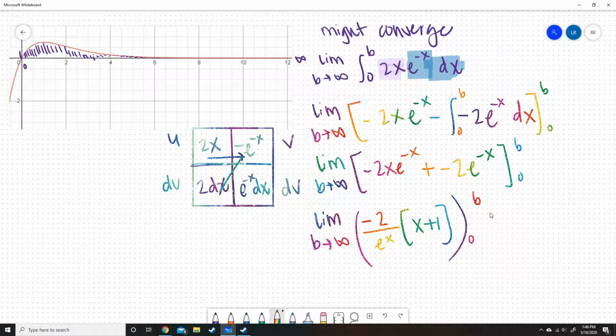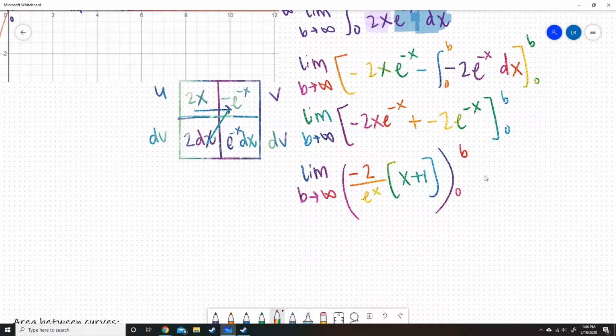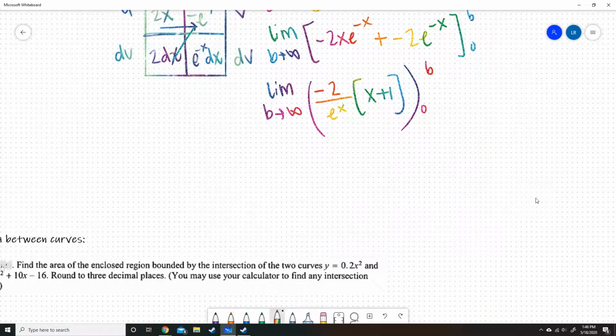And now I'm ready to plug in my bounds. I'm going to plug in my upper bound first. So I'm going to have the limit as b approaches infinity of negative 2 over e to the b times b plus 1.